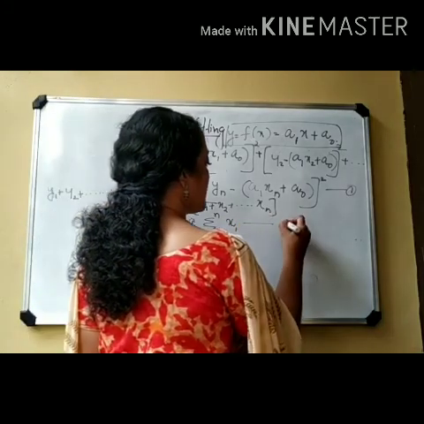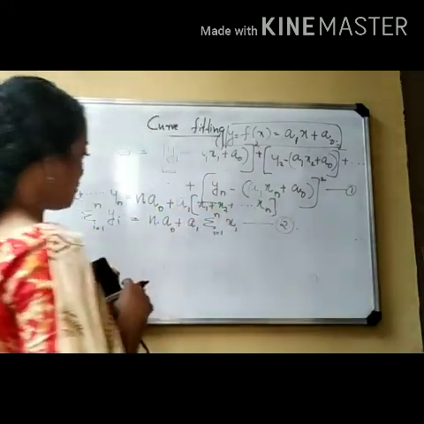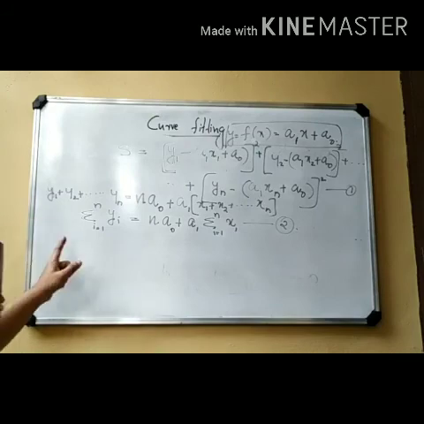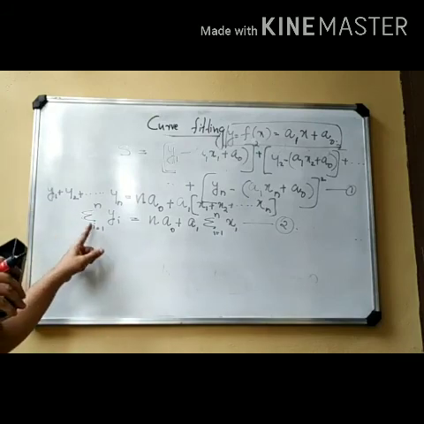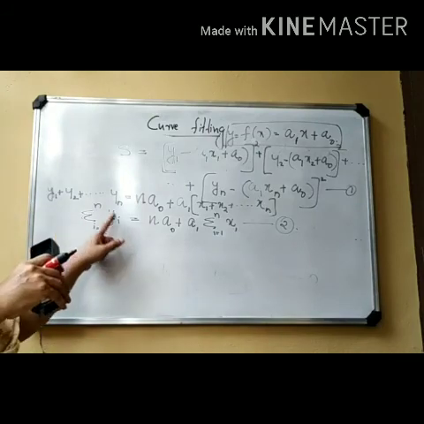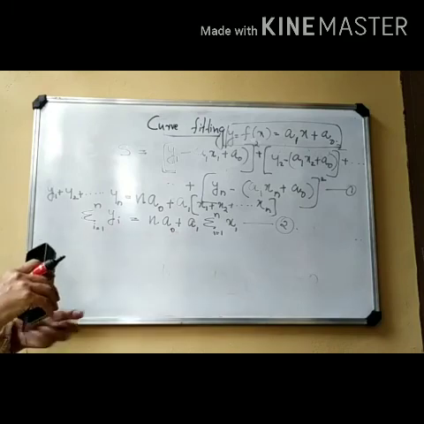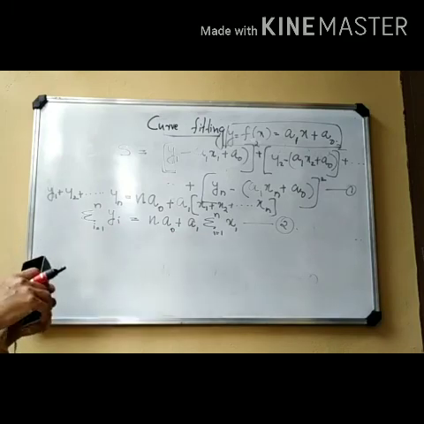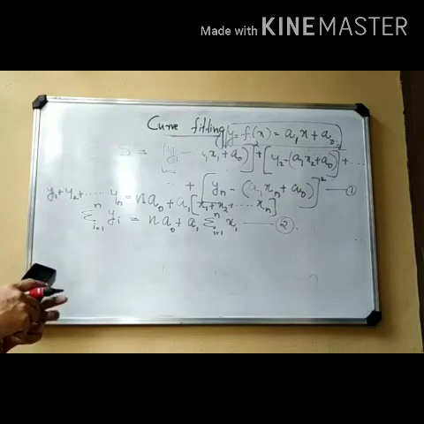This may be marked as our equation number 2. So, applying the first condition, we are getting sigma yi is equal to n a0 plus a1 sigma xi.